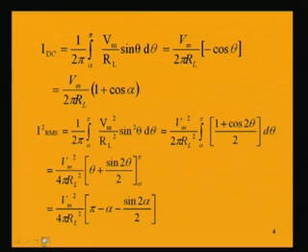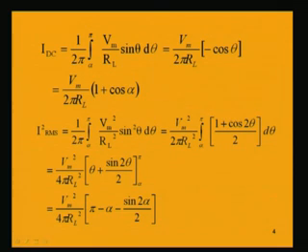Similarly, if we want to find out the current IDC, by dividing the VDC by RL, we will easily get the DC value of the current. So, that is what is done here. IDC equals 1 by 2 pi, integration alpha to pi of Vm sin theta d theta by RL, where RL is the load resistance, and it can be written as Vm by 2 pi RL.